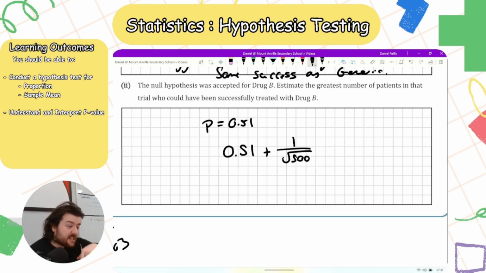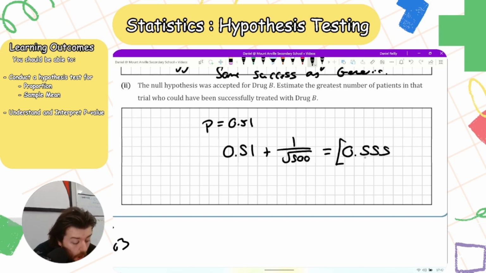I can't use anything else because I don't know a sample proportion. So I need to add on my margin of error here to get my maximum possible value. So it is 0.51 plus 1 over root 500, which is equal to 0.555. So that is the largest it could be.